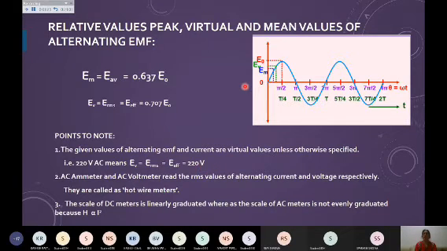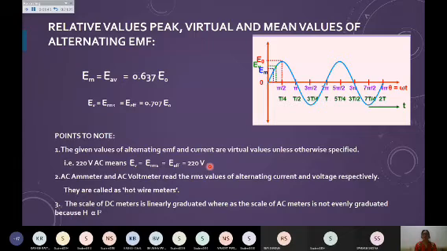So E naught is greater than this value, coming out to be more than 220 volt, and that is why when we compare AC and DC, we say that AC is more harmful, because the peak value is further greater than this. It comes out to be nearly 310.